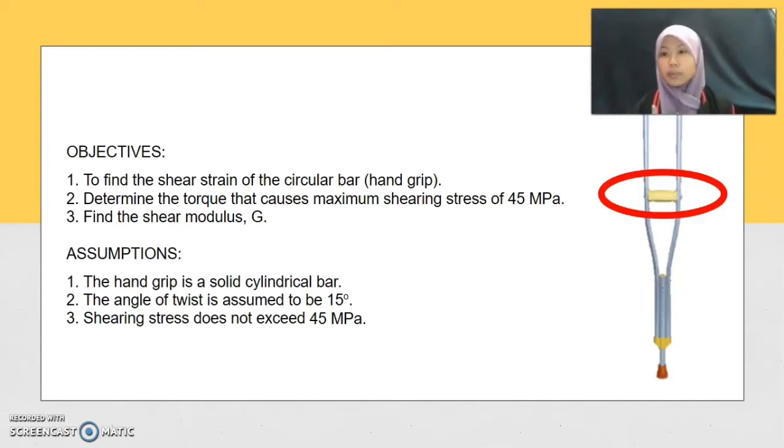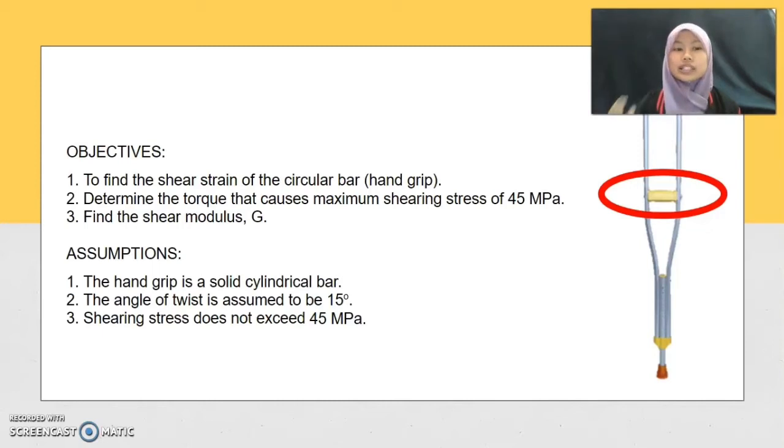For my part, the objectives I want to achieve are to find the shear strain on the circular bar, the hand grip, because we know that torsion generates stresses and strains. The second is to determine the torque that causes a maximum shearing stress of 45 megapascal.